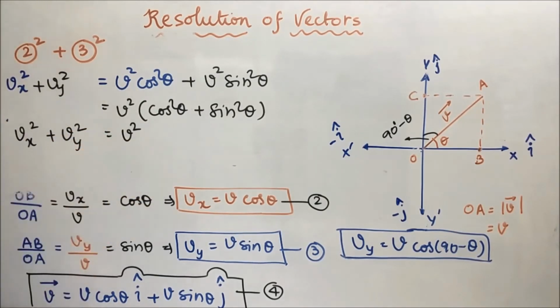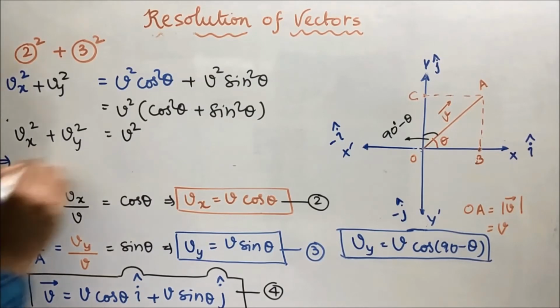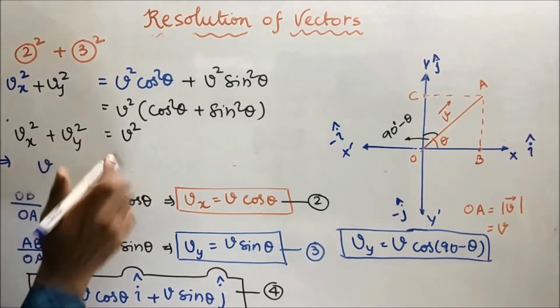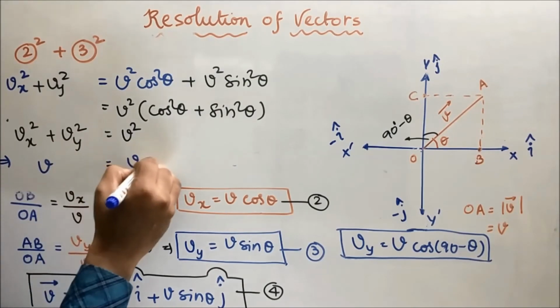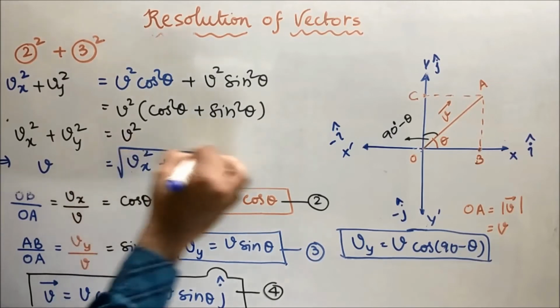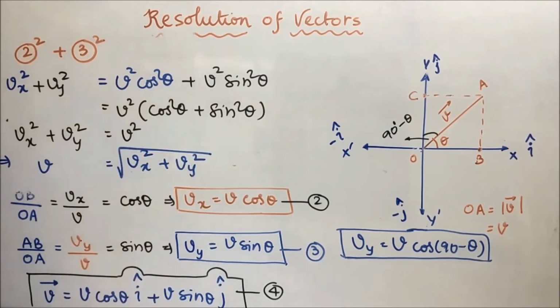So what is v square? Magnitude of v to the power 2, square of magnitude of v. So what is magnitude of v? Magnitude of v is Vx square plus Vy square under root. So let me put that in a box.